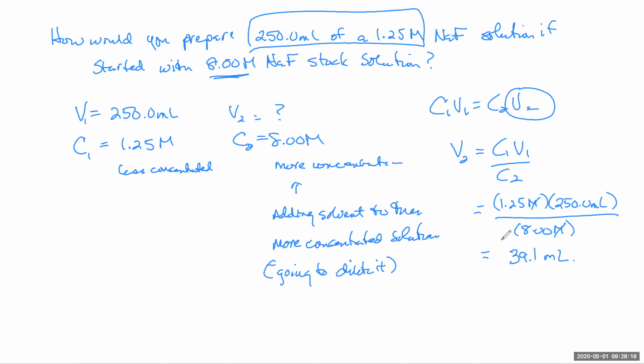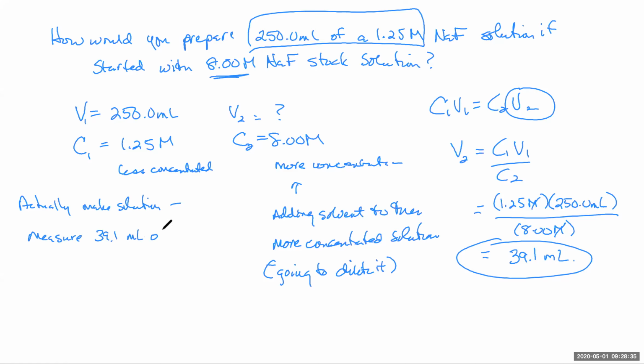So this is not my full answer. That just tells me how much of the stock solution I need. So to actually make this solution, I'm going to need to measure 39.1 milliliters of the 8 molar NaF solution and add it to a 250 milliliter volumetric flask.